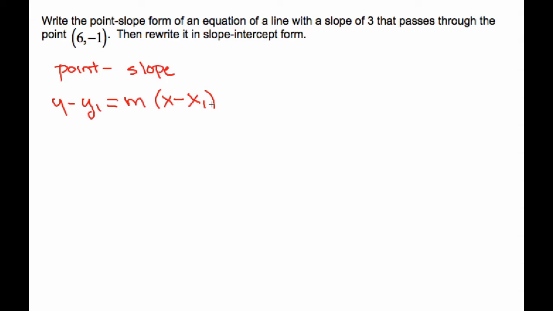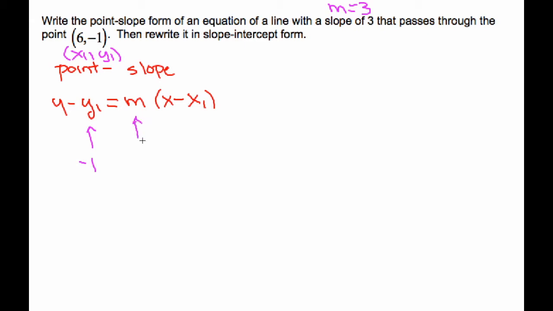Now, when I look at the information that's given, I know that my point is x1, y1. And I know my slope, that's the m. That's 3.